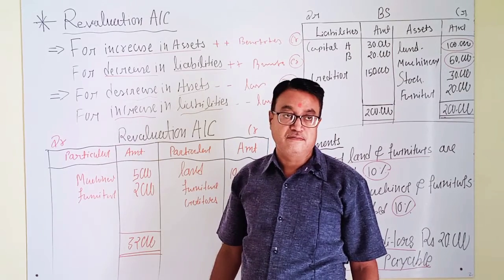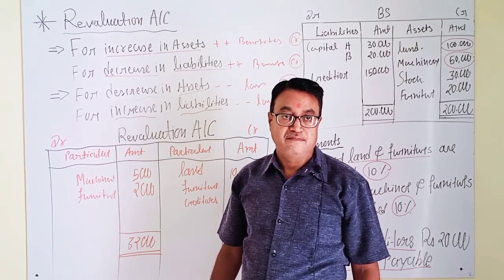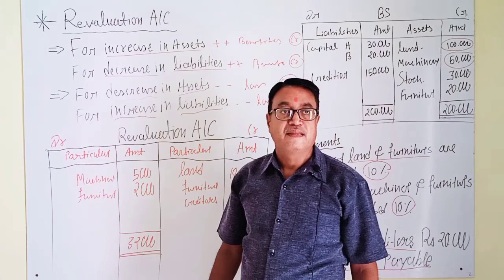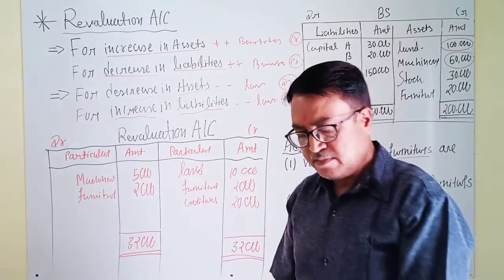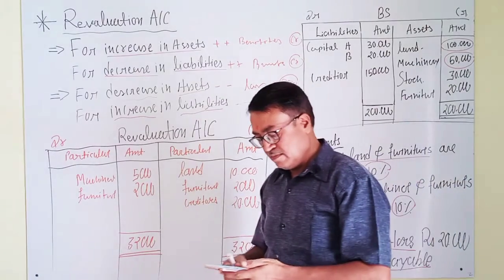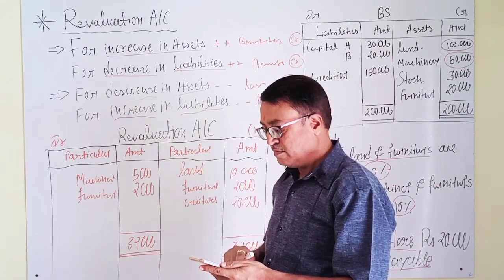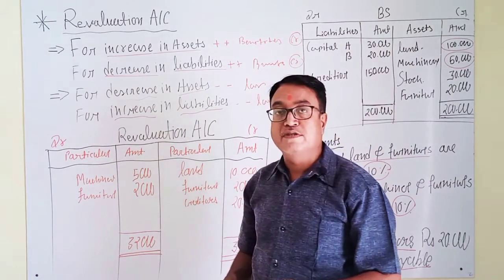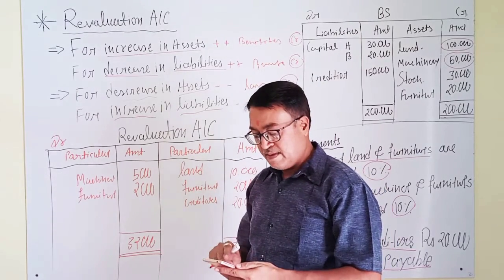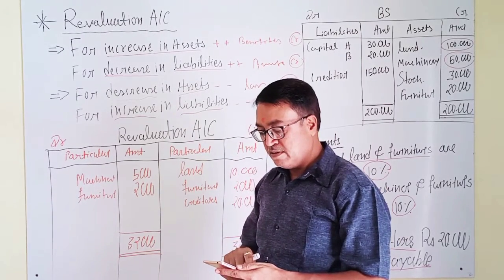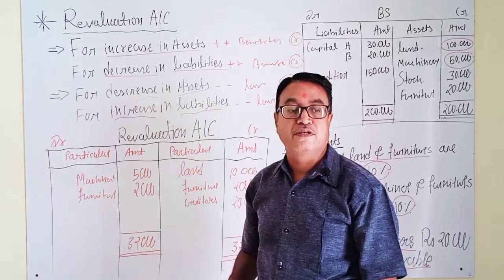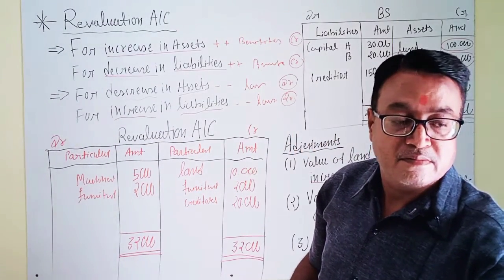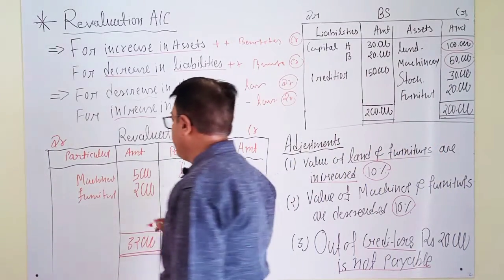You are also wrong. Here 32,000 minus 7,000 means 25,000. See, here is 25,000.